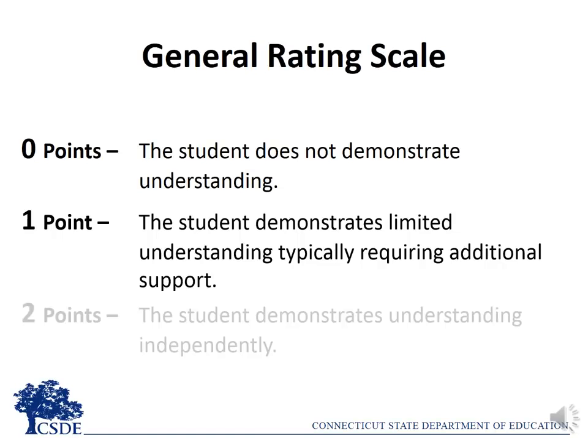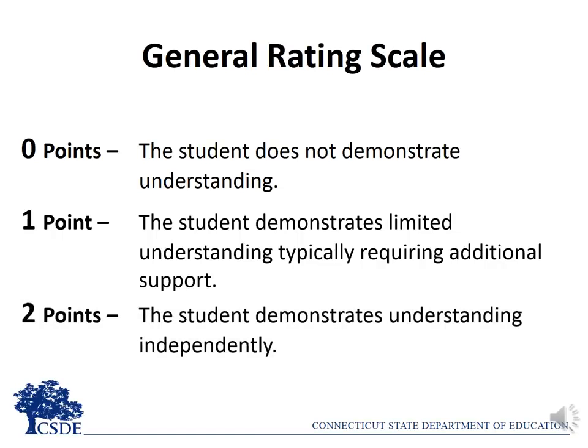A 2-point rating is given for student responses that clearly indicate the student has mastered understanding and performs independently, or performs independently with the support of repeated directions. Original directions may be repeated or rephrased without further explanation or clarification. As mentioned, each of the performance activities will provide specific scoring and content guidance.